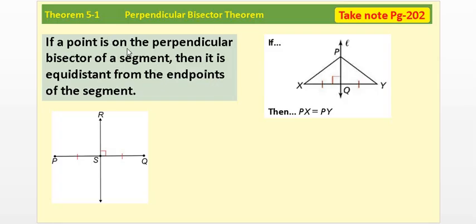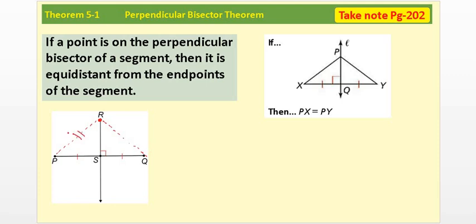It says if a point is on the perpendicular bisector of a segment, then it is equidistant from the endpoints of the segment. What does it mean? It means that, for example, if you have a line PQ and there is a point on the perpendicular bisector, for example, here I have a point R, then this point R's distance from the endpoint P and its distance from the endpoint Q will be the same.